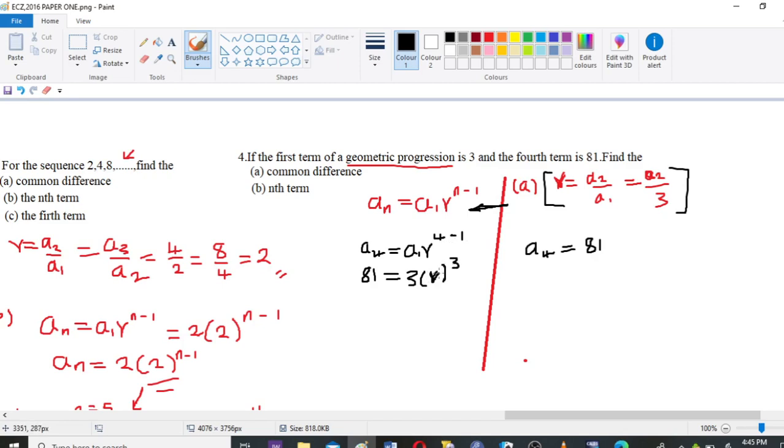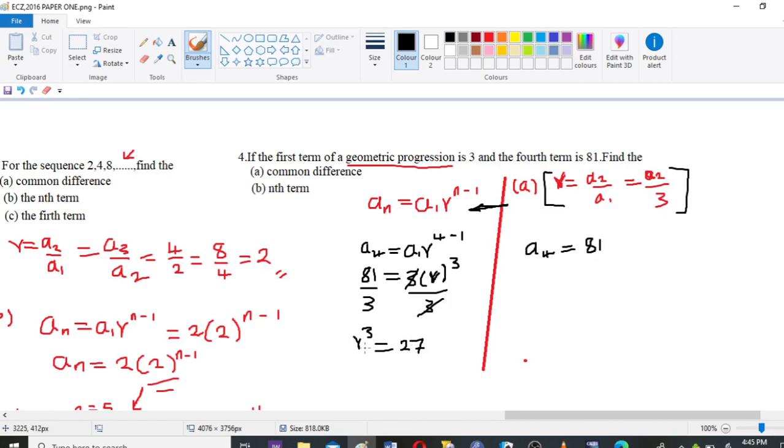So we need r. Now what are we going to do? First we divide through by 3. You use the cancellation rule here, and you're going to remain with r raised to the power 3 is equal to, now 81 divided by 3, that will give you 27.